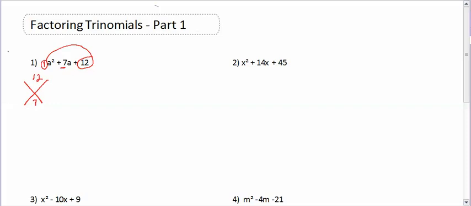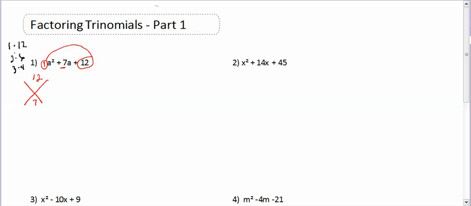So I can go through and I list my multiples, the numbers that multiply together to give me 12. So the factors of 12: 1 and 12, and 2 and 6, and 3 and 4. Okay, I think those are all the numbers that multiply together to give me 12. So then I say, okay, which one's going to add together to give me 7?